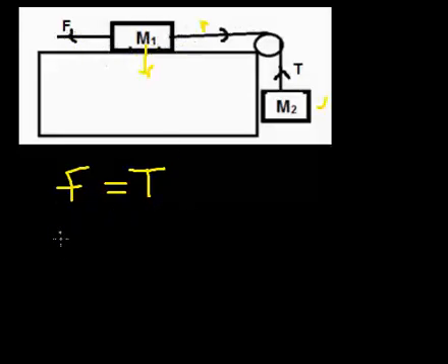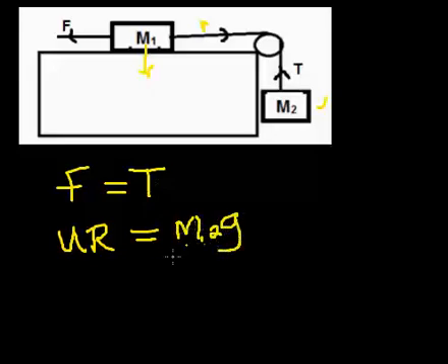And from the formula of frictional force, we know that frictional force is mu times normal reaction. And the tension is equal to the weight of the mass that is pulling. Of course, the mass that is pulling this body is m2. So tension here is equal to m2 multiplied by g. That's the tension.